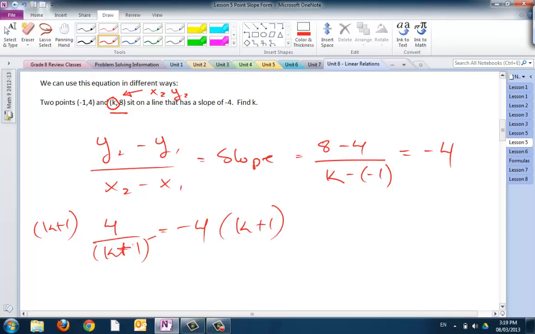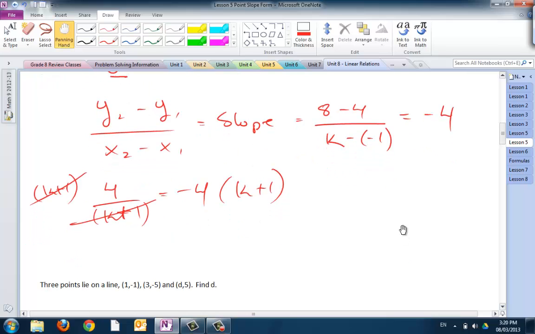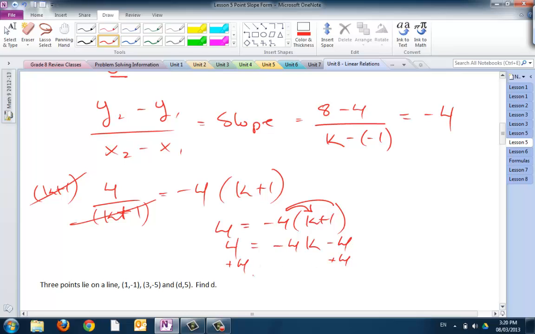And that means that this cancels out. I get left with 4 is equal to -4 times k plus 1, which is equal to -4k as I distribute this in: -4k minus 4. I then add 4 to both sides, and I get -4k is equal to 8.